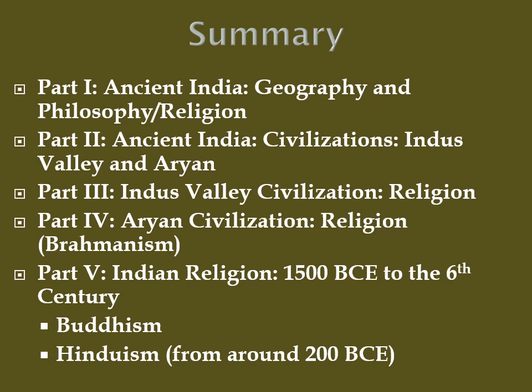And then we summarized with some comments on Buddhism, largely tracing back to the religious culture of the Indus Valley civilization. And then we talked about Hinduism, which emerged from around 200 BCE, largely derived from Brahmanism and the religious culture of the Aryan civilization.